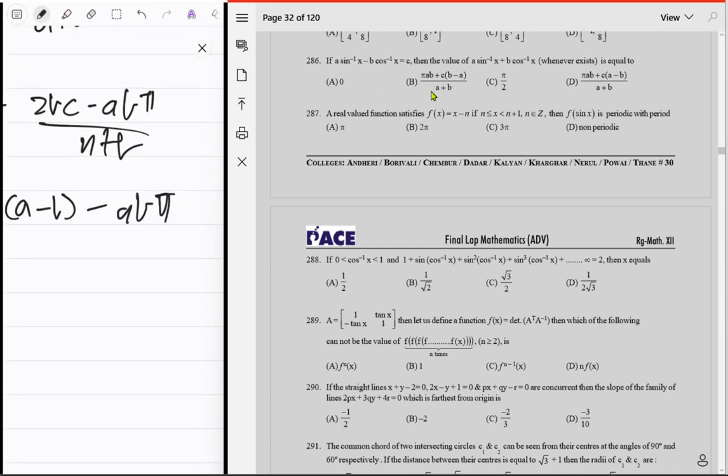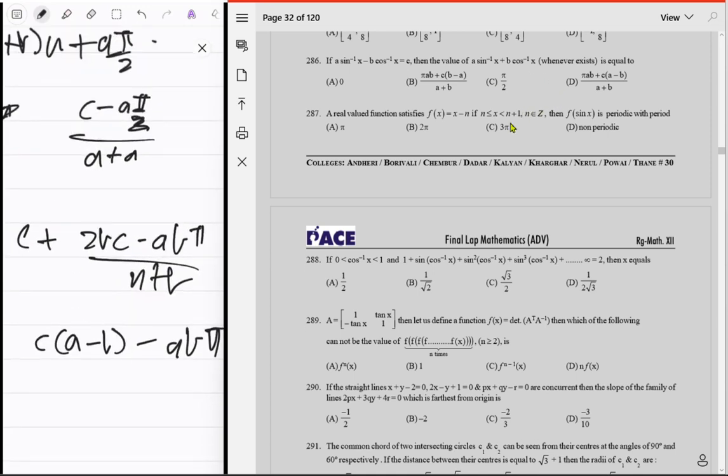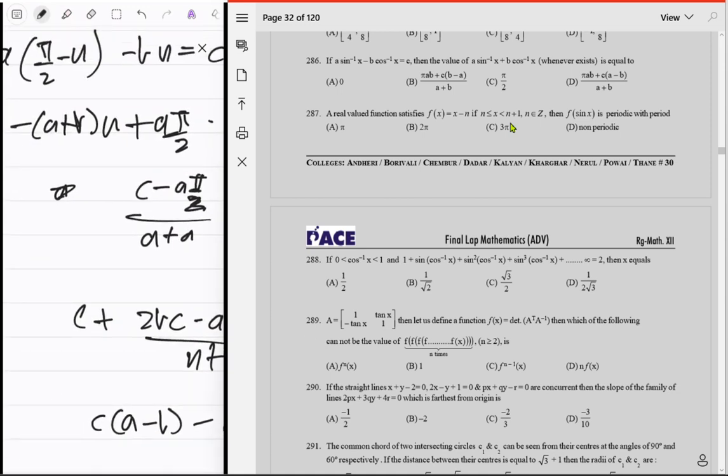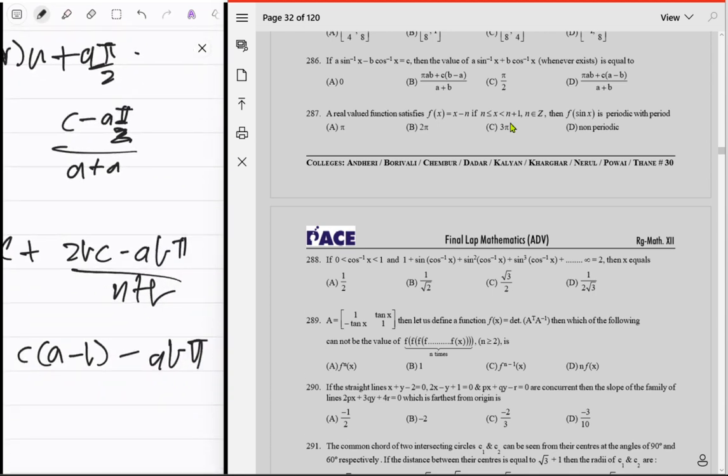A plus B. But that is in negative, no? That should be negative. What is going wrong?